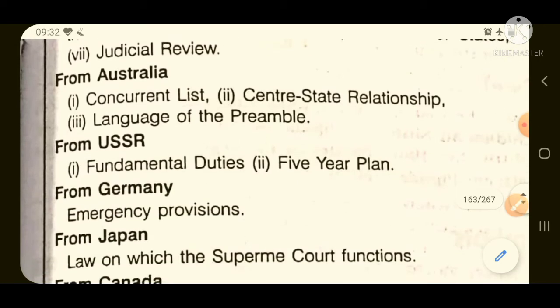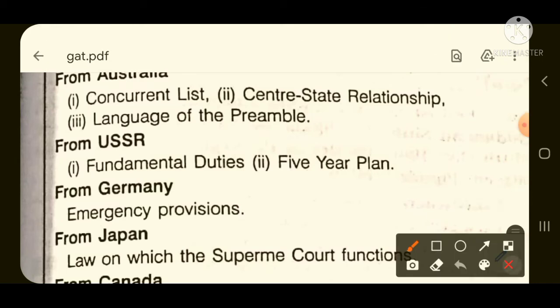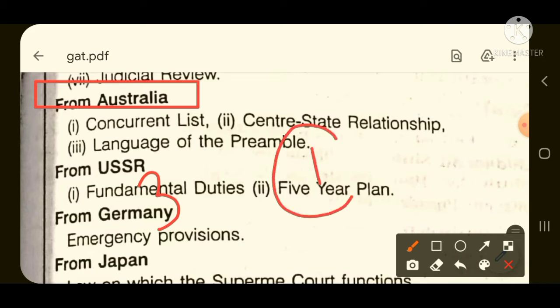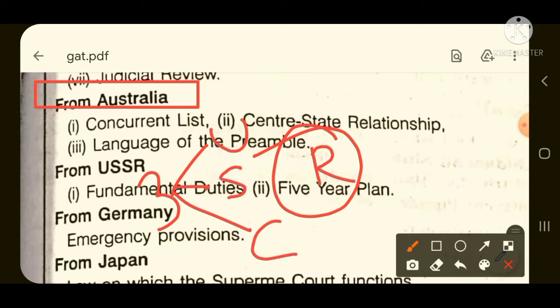Next country is Australia. A few features which we have borrowed from Australia are firstly the concurrent list. We all know that in our constitution we have got 3 main lists and one is the residuary list. The 3 main lists include union list, state list, concurrent list, and one is the residuary list.